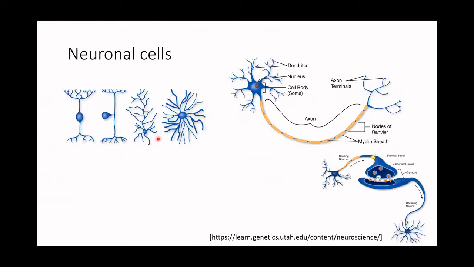Neuronal cells, as you would have seen, come in wide varieties and shapes, with different branching patterns, different diameters of the axon, and different lengths of axon. The axon is this long fiber. They are insulated by this myelin sheath to conduct electrical impulses faster and without interference from neighboring neuronal fibers.